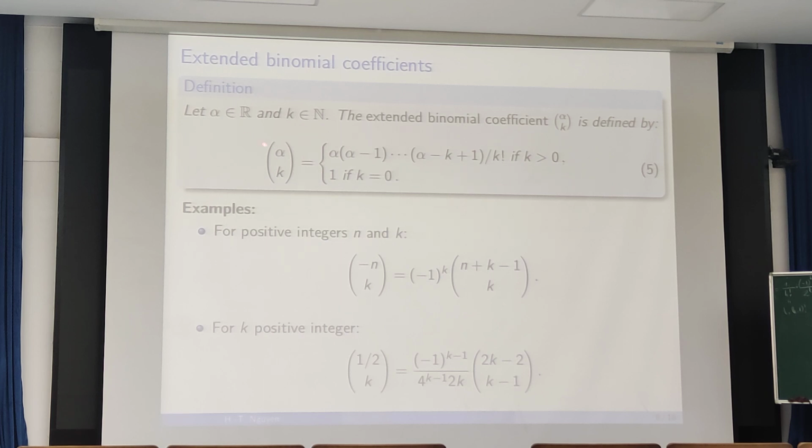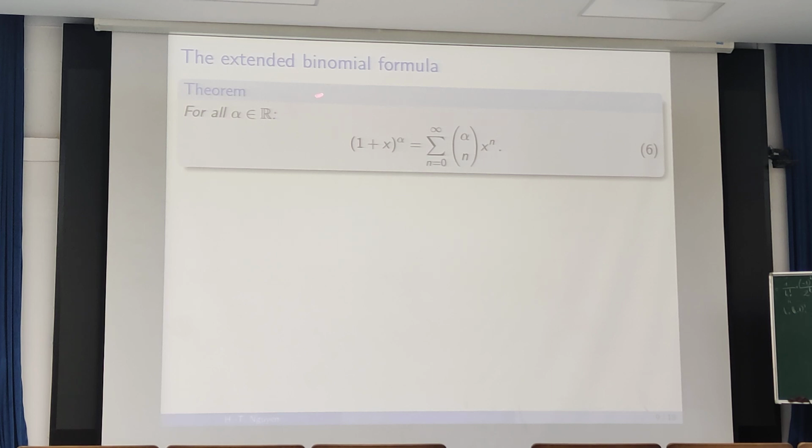Okay. So now once we have defined this extended binomial coefficient, we are ready to state our extended binomial formula. First notice that we don't state the extended binomial formula for a plus b, but in this formula we always have the form 1 plus x. Of course, if you want to have a plus b, you can always put a factor outside.